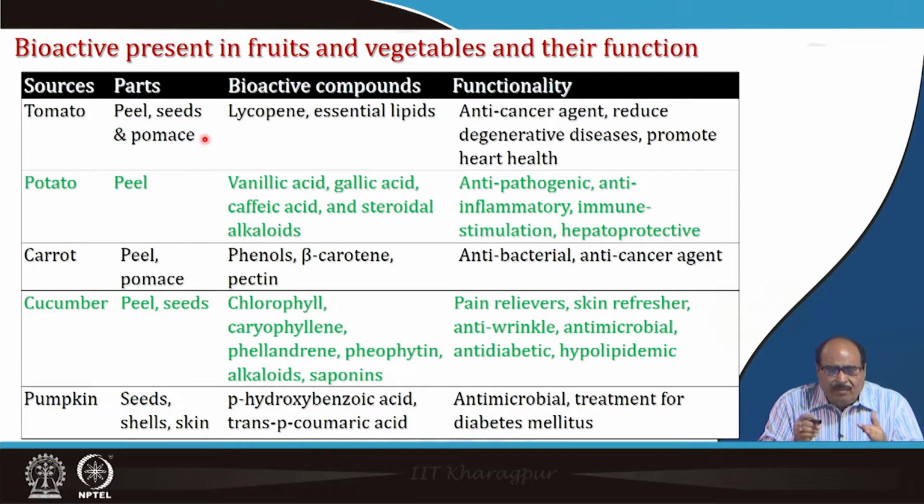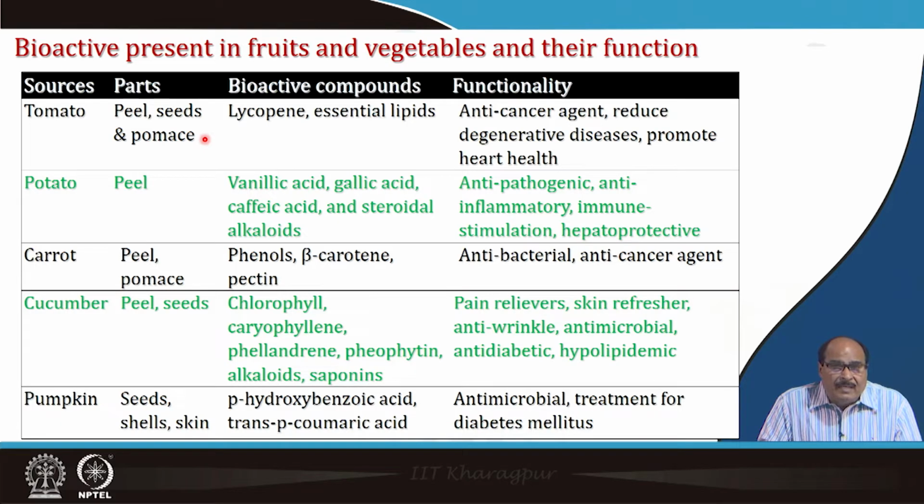They contain a substantial amount of lycopene and essential lipids, which are very good anti-cancer agents. They reduce degenerative diseases and promote heart health. Potato peel contains vanillic acid, gallic acid, caffeic acid, steroids, alkaloids etc., which have various health promoting functions like antipathogenic, anti-inflammatory, immune stimulation etc.